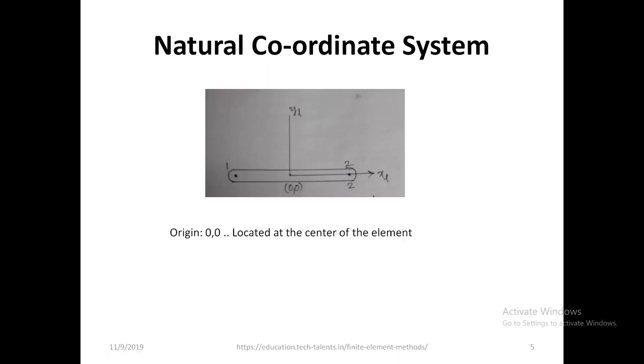The origin is located at the center of the element, and the local coordinate axes are in the x and y directions as usual. That is why this is the natural coordinate system. As we move either in the right direction or left direction, the natural coordinate occurs with reference to the origin which is at the center of the element.